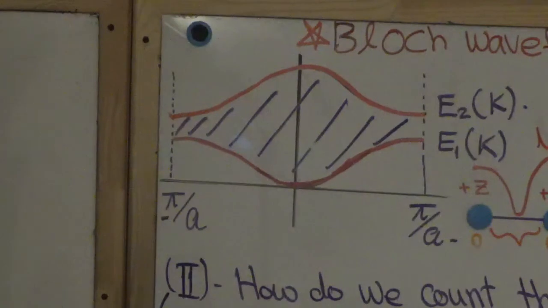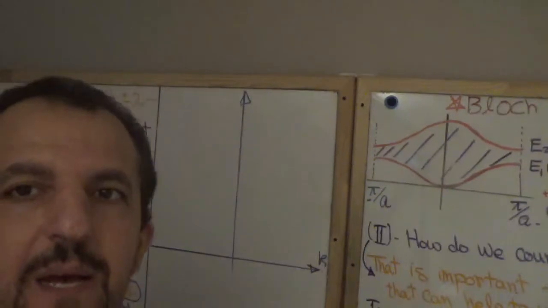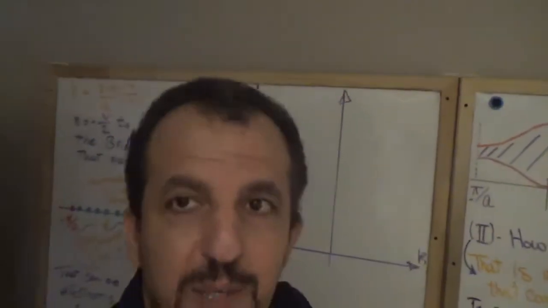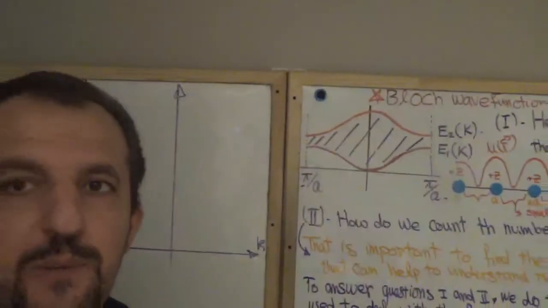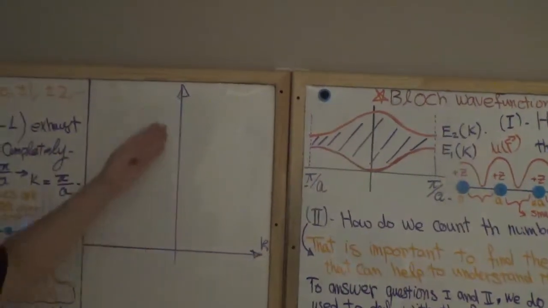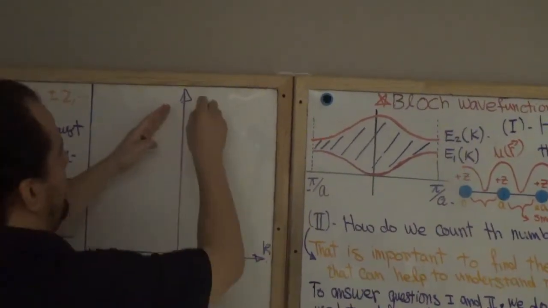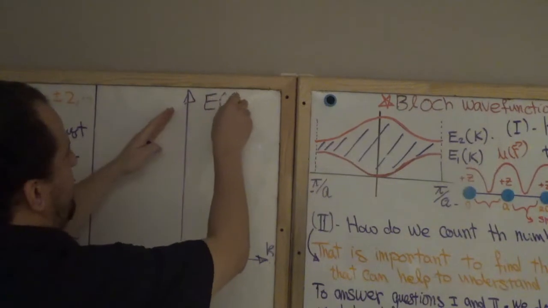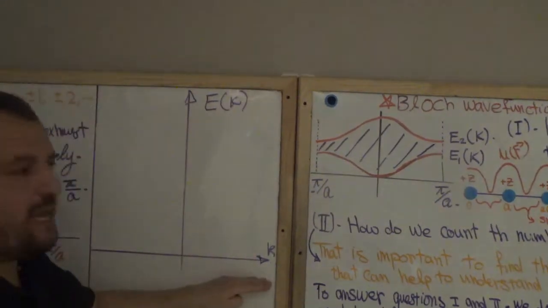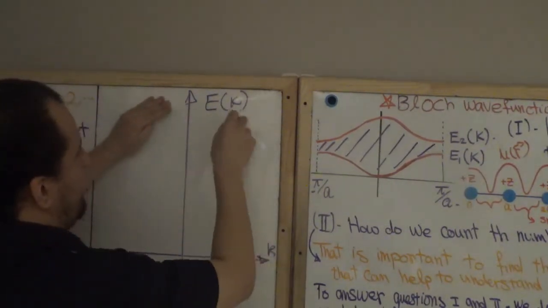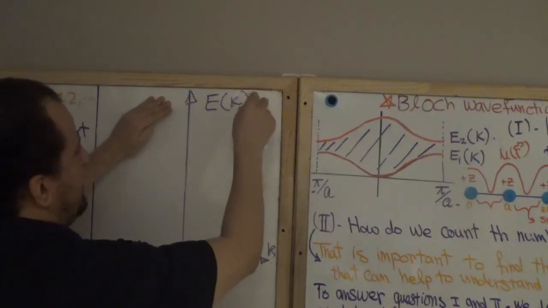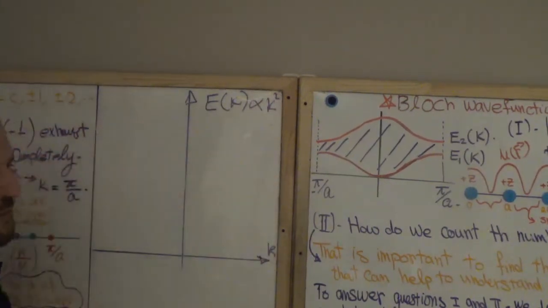Okay? So now, here we have the energy. So let's do that. I need to move this a little bit to this side and then go a little bit back. So you see what I try to draw for you guys. Okay, so this is the energy as a function of K. This is K right here, and we know that the energy is proportional to K squared.